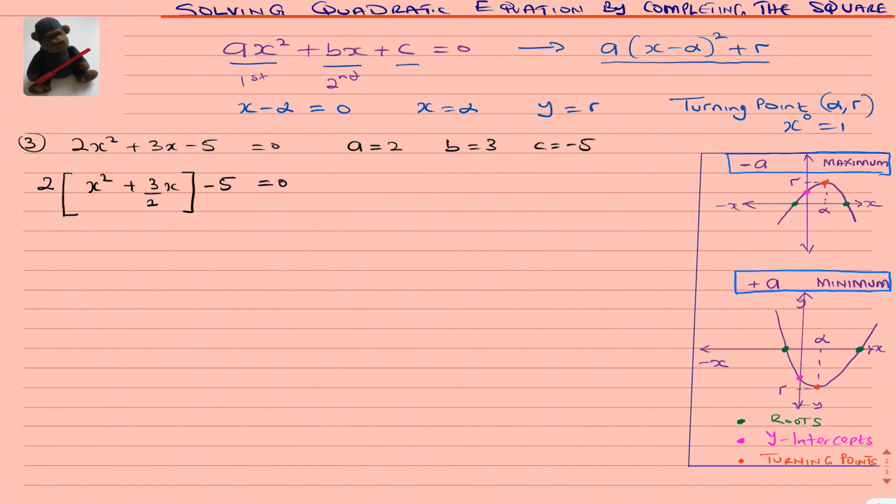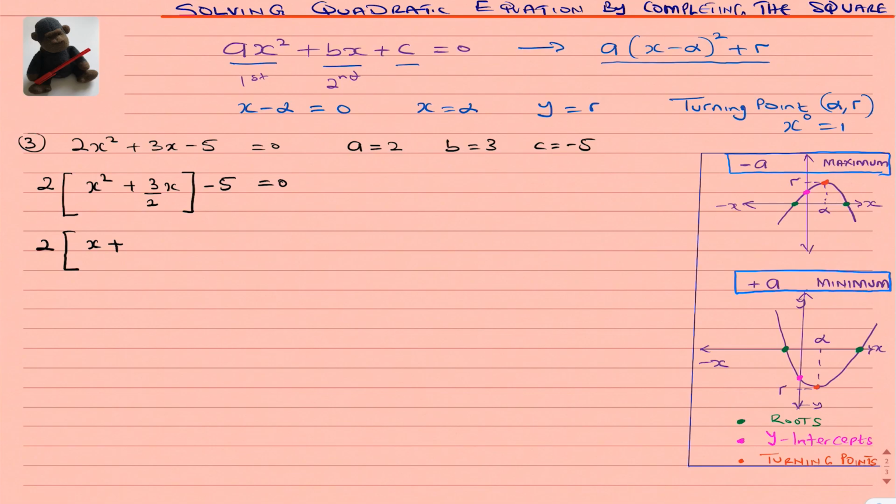If I multiply the first 2 terms by 2, you will see I get back my equation again. Now we need to apply completing the square to the bracket. In the square bracket, I turn x squared to x, bring down the sign. The new b is 3 over 2.